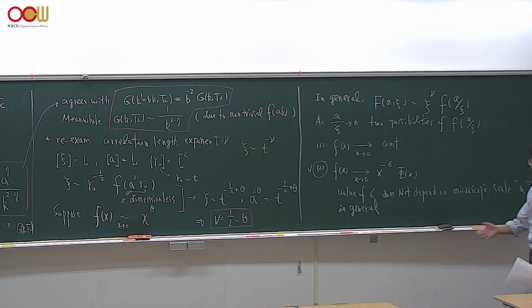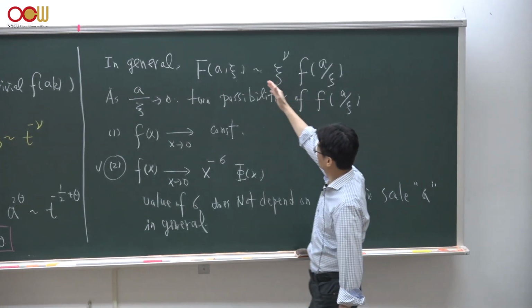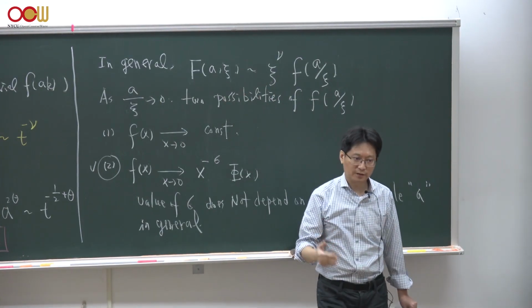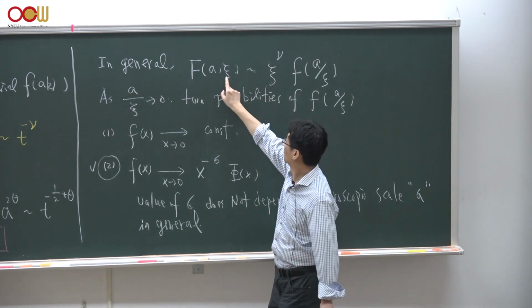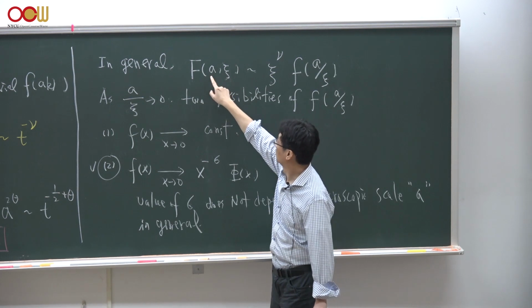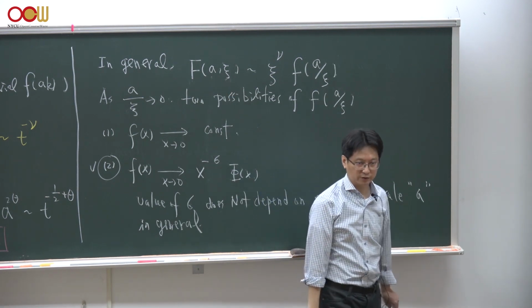So the lesson we learned here is that in general, near the critical point, the thermodynamic function or any observable is a function of the correlation length and also this microscopic cutoff, the lattice spacing.